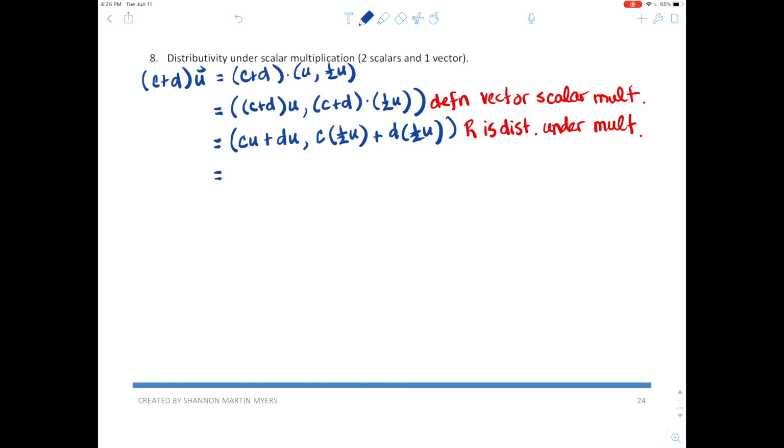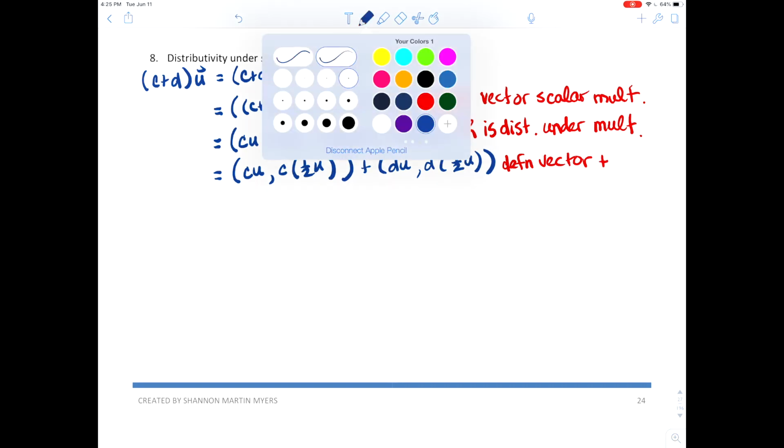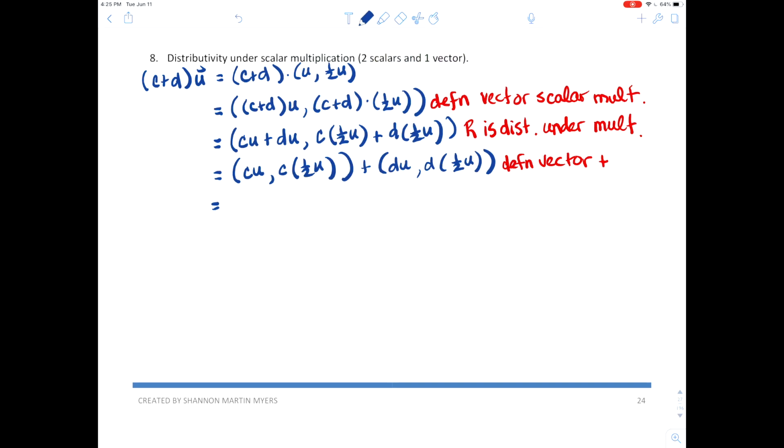So next up, what do we do? We split the one vector into two vectors. So we'll have C times U, comma, C times 1/2 U for one vector, plus D times U, comma, D times 1/2 U, that quantity. That's the definition of vector addition. Alrighty, so then now what would we do? Beautiful.